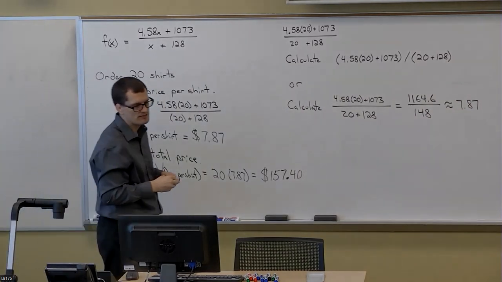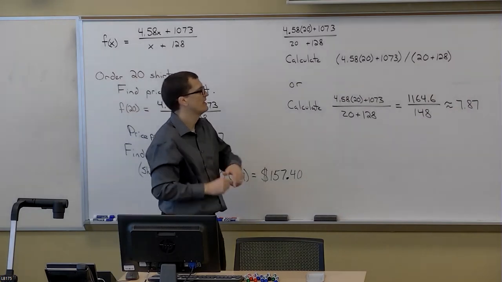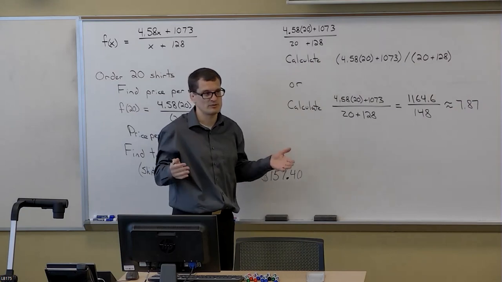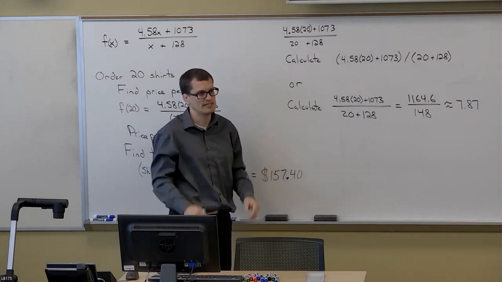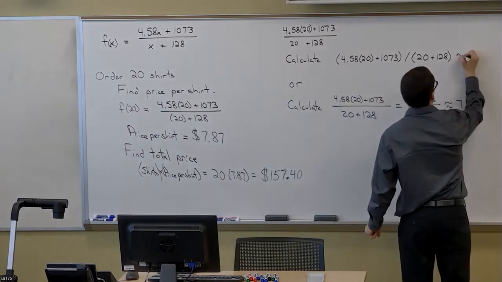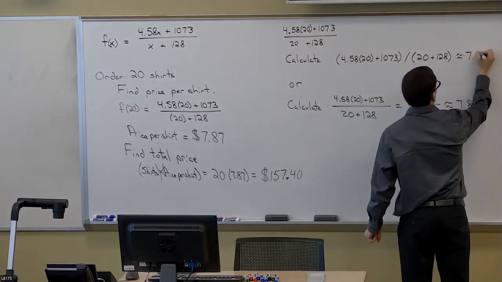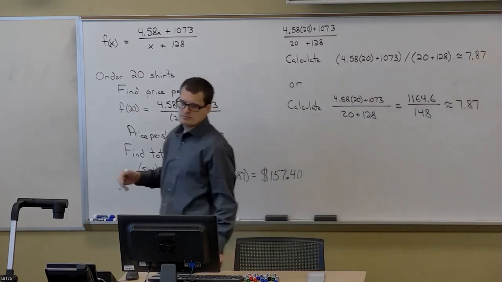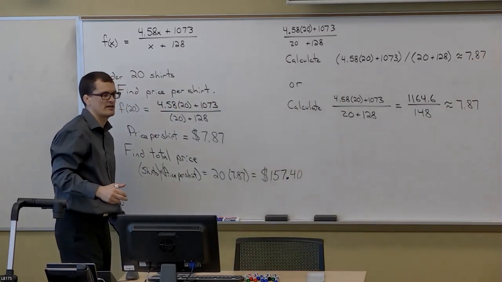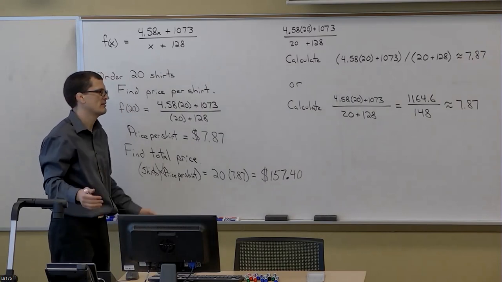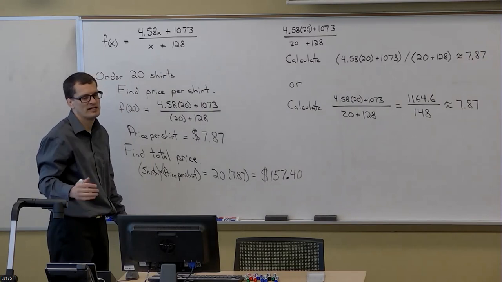So if you want to do this on one line in your calculator, you have to have parentheses around the entire numerator and the entire denominator. If you're willing to do 2 or 3 lines on your calculator, then you can just calculate the numerator, write it down, calculate the denominator, write it down, and divide.